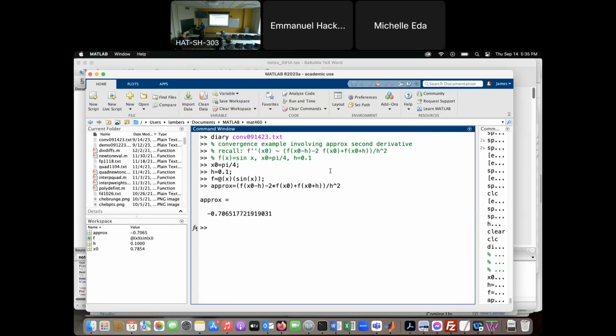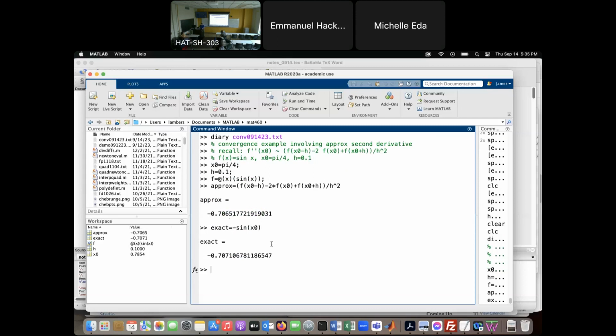Do you have format long now? Well, go ahead and do that. So the exact value will be minus sine of x naught. And, well, at least it's in the ballpark. The first couple of decimal places agree.